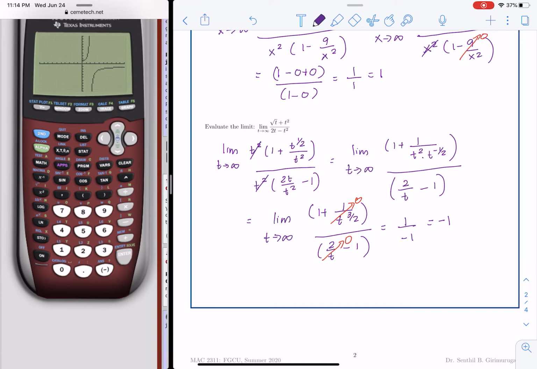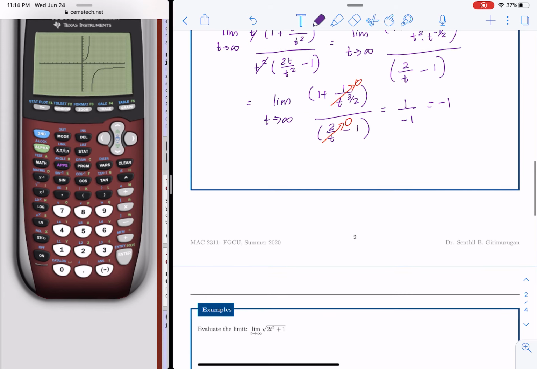And you can see the curve in the bottom is going toward infinity along the line y equals negative 1.